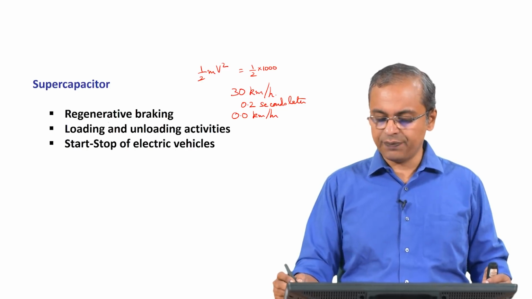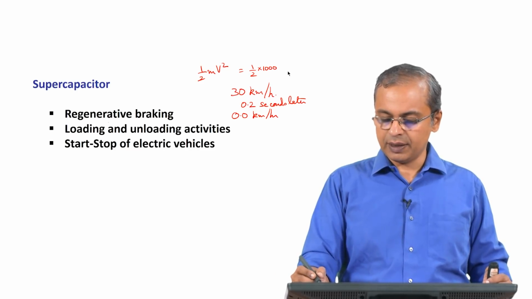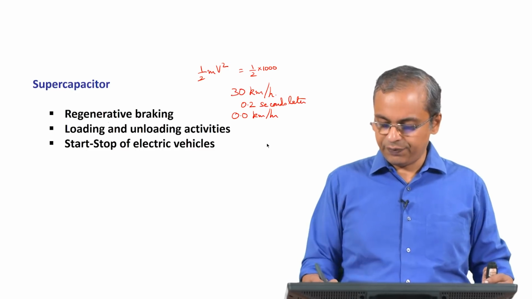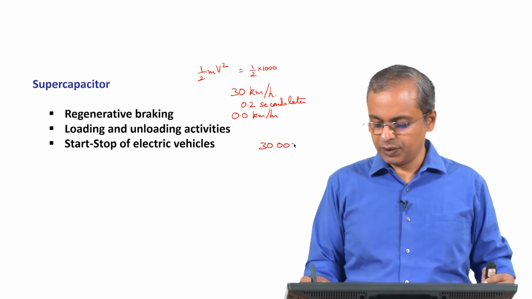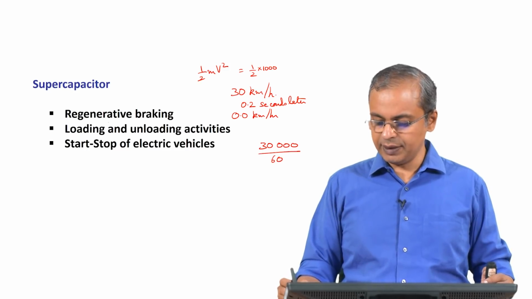So, that is, what we have, 3000, no, 30,000 meters in 60 minutes.